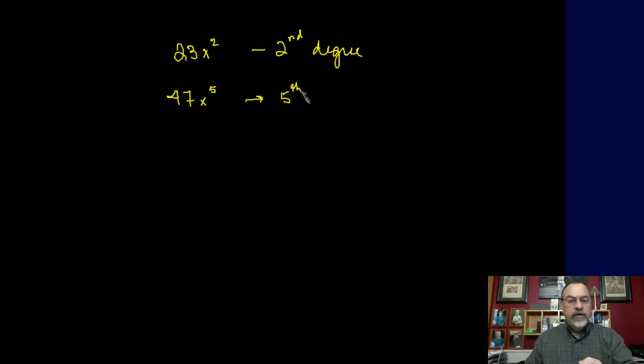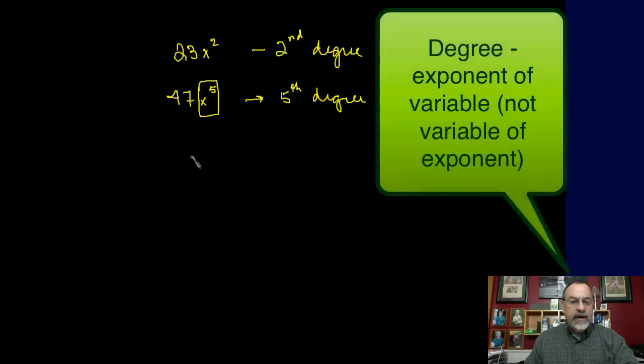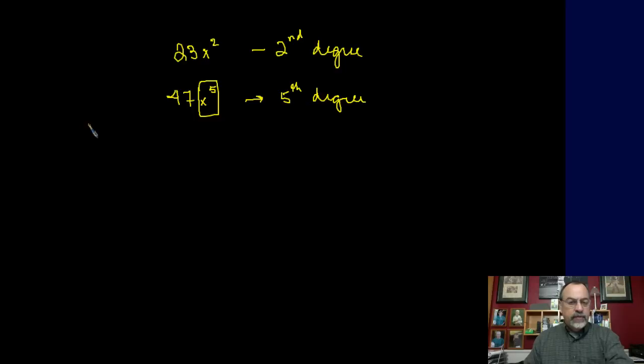For instance, if I have 23x squared, what is the exponent of the variable? It's a 2, so this would be considered a second degree polynomial. If I have 47x to the fifth, what would this be? This would be a fifth degree monomial or polynomial. Again, it's determined by the exponent of the variable. So that's how we determine the degree of each term.